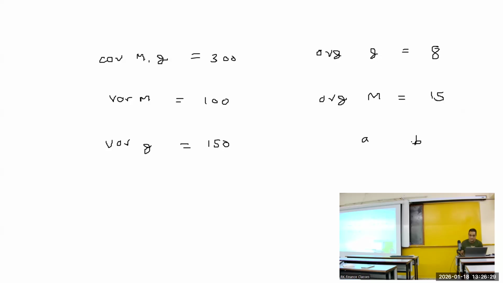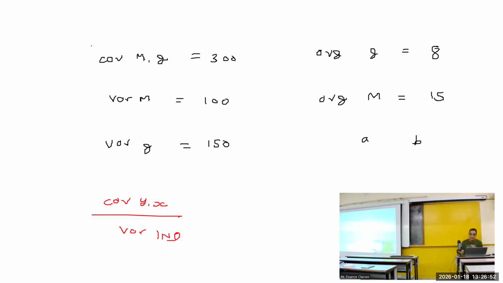Remember the B formula? Covariance of Y and X divided by variance of X. But to be specific, remember variance of independent variable. Don't just remember variance of X, or remember variance of X, but then immediately write down variance of independent variable.